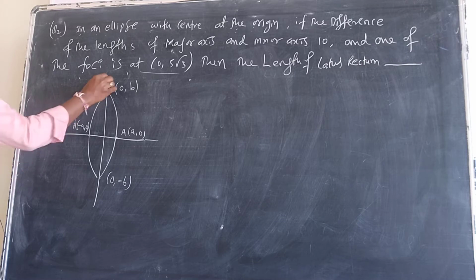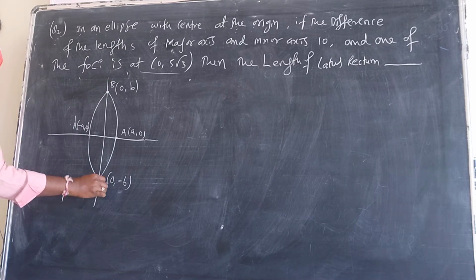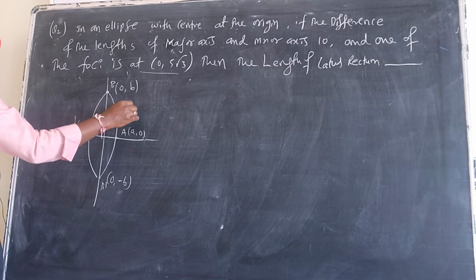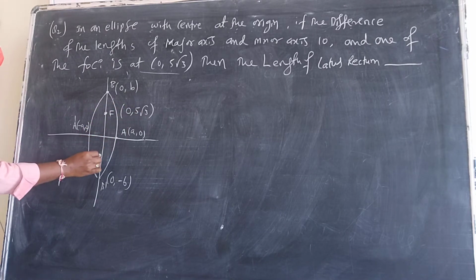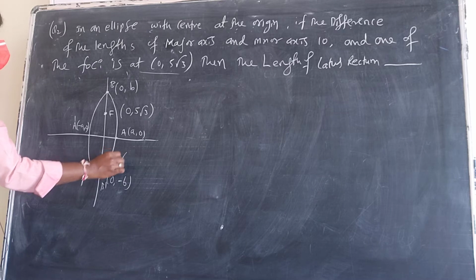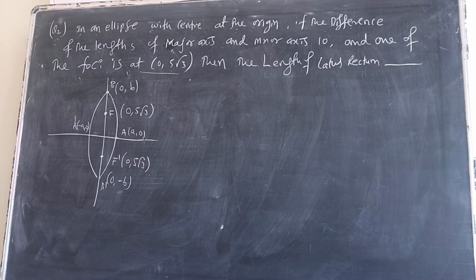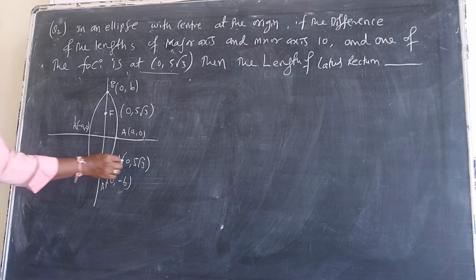These are called A and A dash, and this is B and B dash. The focus is F, which is 0 comma 5 root 3, and the other focus is F dash, which is 0 comma minus 5 root 3.